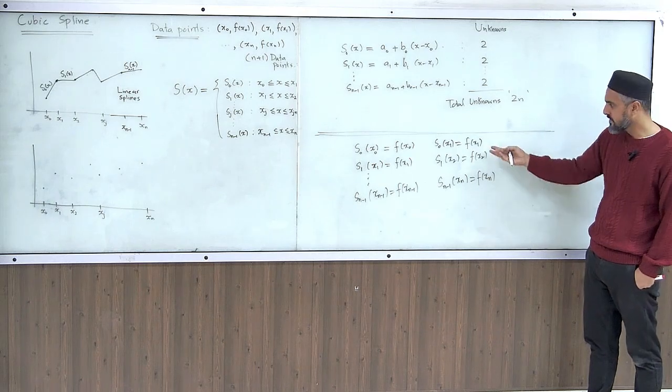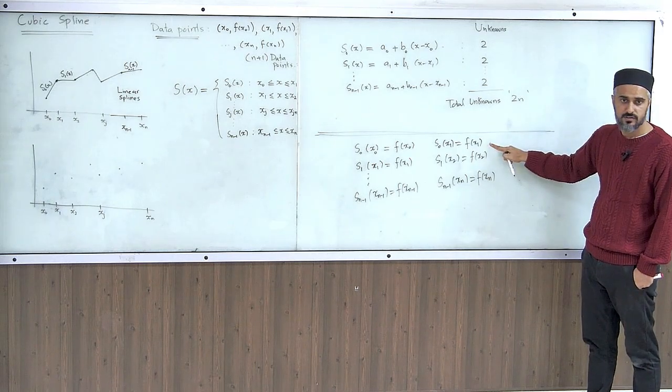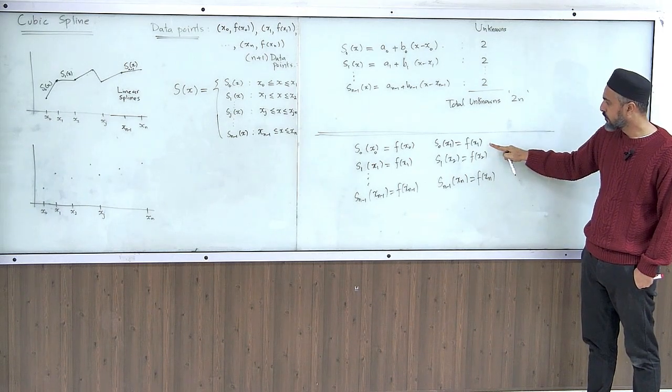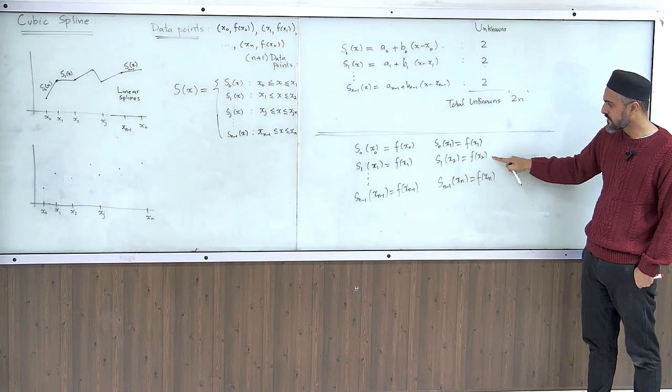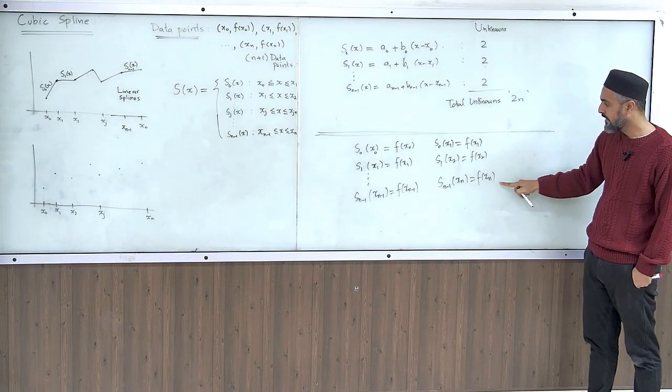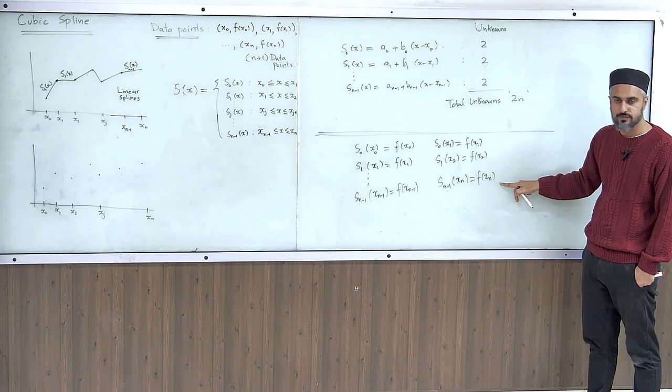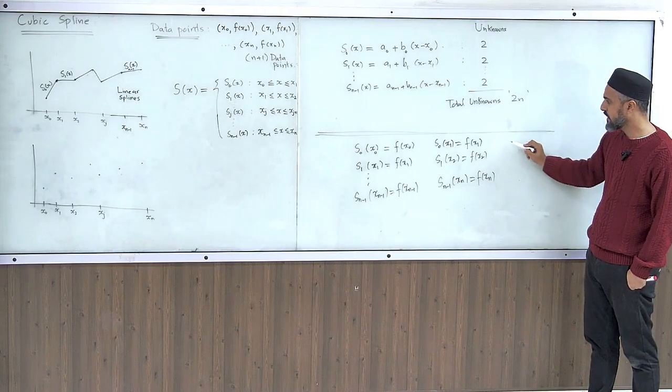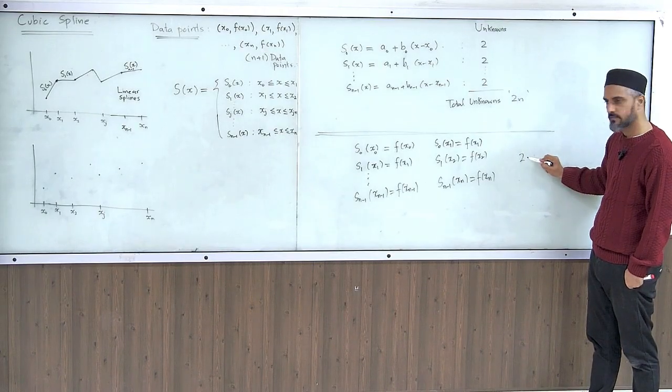So these are some things that you got. How many equations are there? There are 2 equations. So these are the 2 equations, and finally we got 2 equations from here. So how many equations do we have? 2n equations.